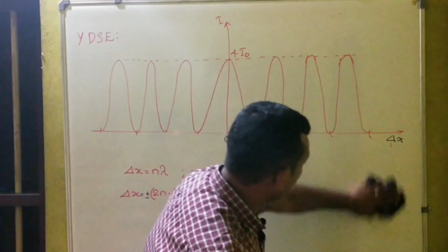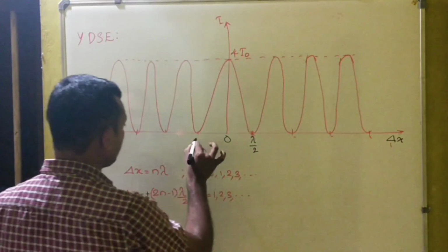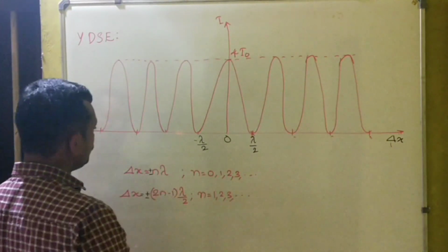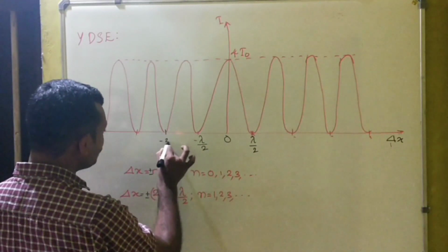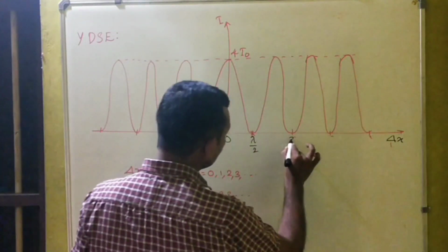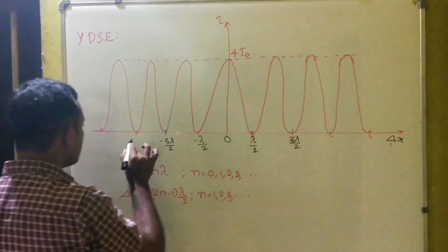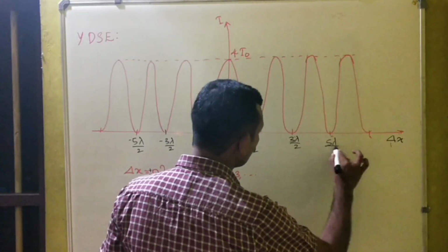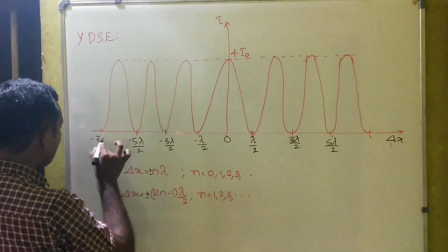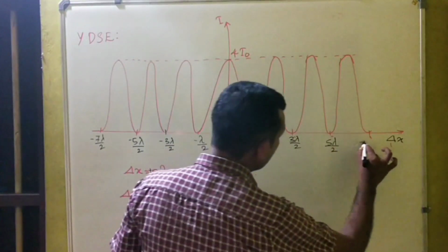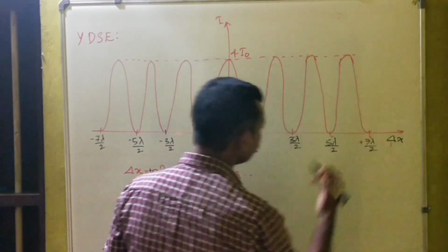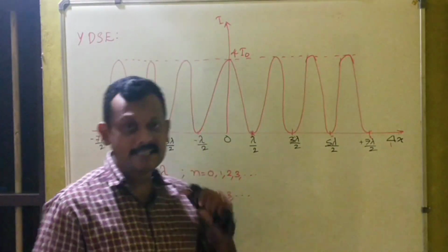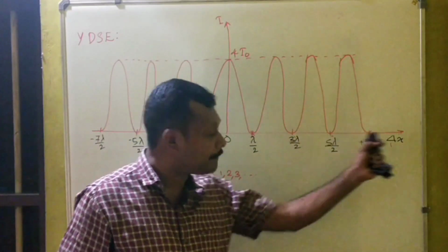So delta x can take positive as well as negative values: this is minus lambda by 2 and plus lambda by 2, minus 3 lambda by 2 and 3 lambda by 2, minus 5 lambda by 2 and 5 lambda by 2, minus 7 lambda by 2 and plus 7 lambda by 2.